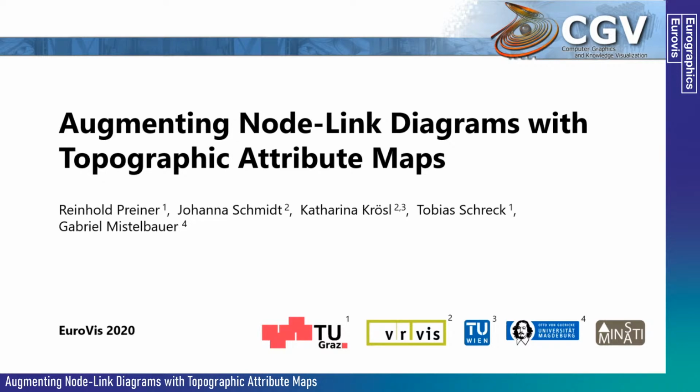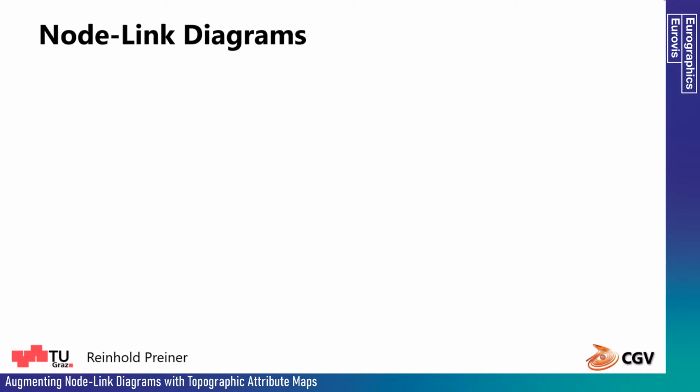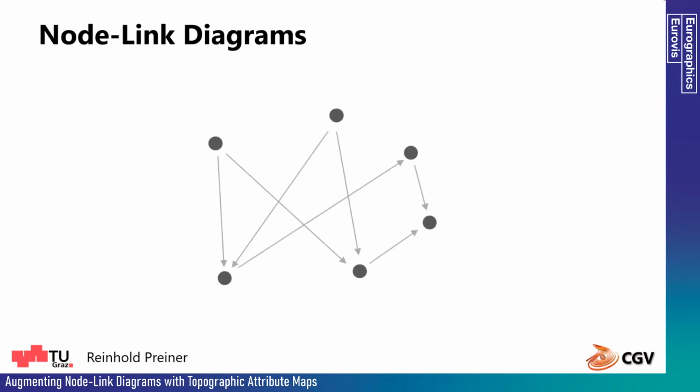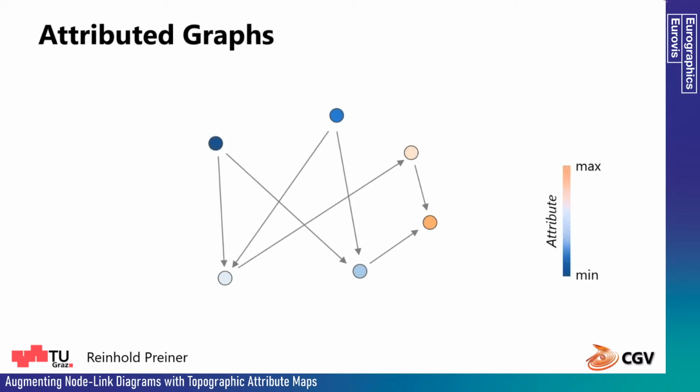I'm with the Graz University of Technology, and I'm happy to present today our work on augmenting node link diagrams with topographic attribute maps. Imagine you have a dataset containing some entities, and these entities have logical relations to each other. So what you effectively have is a graph, and a typical representation for such a graph is a node link diagram that you see here. Now, if the entities contain additional scalar attributes, we talk about an attributed graph.